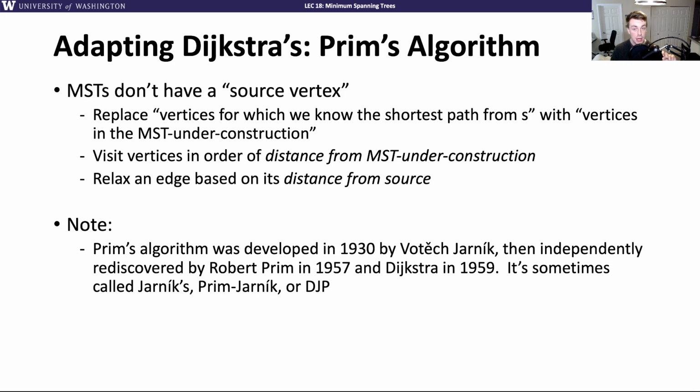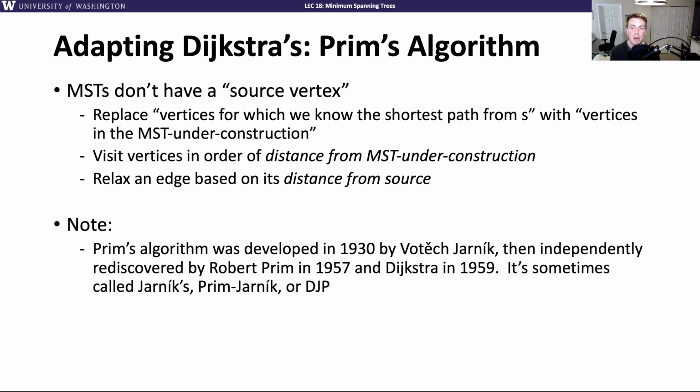Remember, in Dijkstra's you're saying starting from this node, I'm trying to get to this node. You build up the shortest path tree. Minimum spanning trees don't have a necessary start. Maybe in some examples they might, like where we have that electricity company, but in general, minimum spanning trees don't have a necessary starting point.